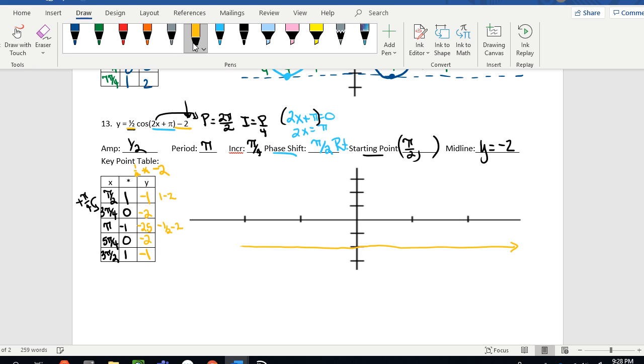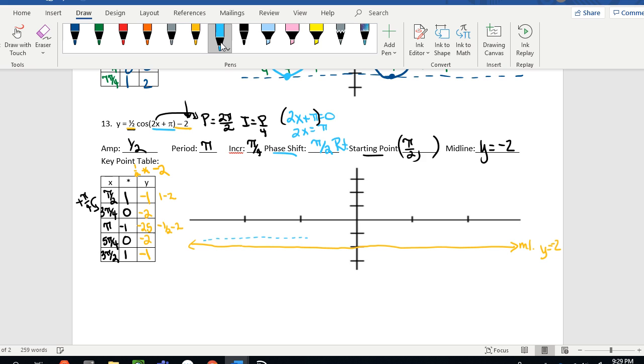When I don't talk, I'm concentrating really hard to make a straight line. This is my midline, where y equals -2. Then I'm going to do my upper and lower boundaries. Those are called my amplitude lines, and they're really hard to do when they're 1/2s.